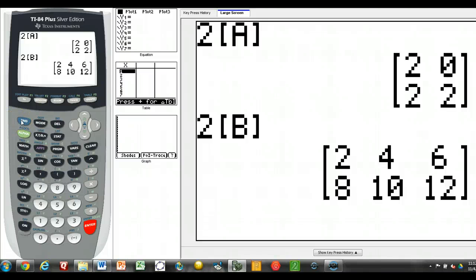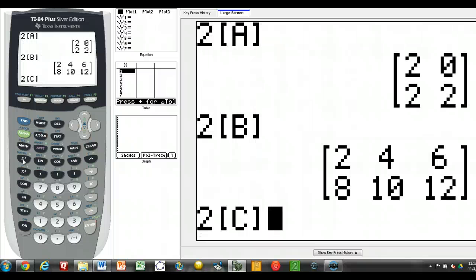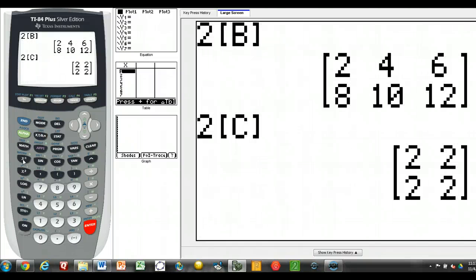Recall matrix C was just a matrix full of 1s. So we want 2C. That's it for scalar multiplication. Very, very easy. This process would work even if your scalar was a decimal, a fraction, or a negative number.